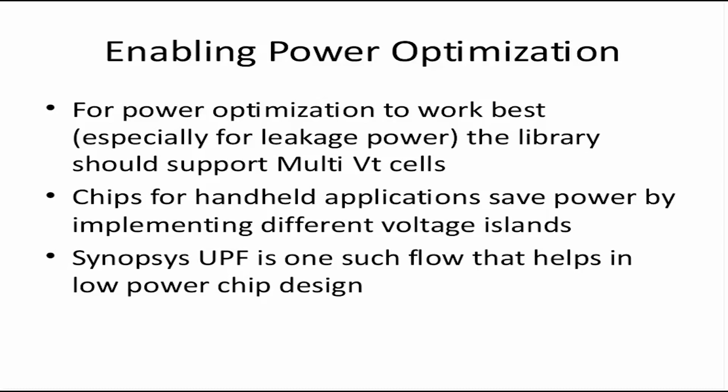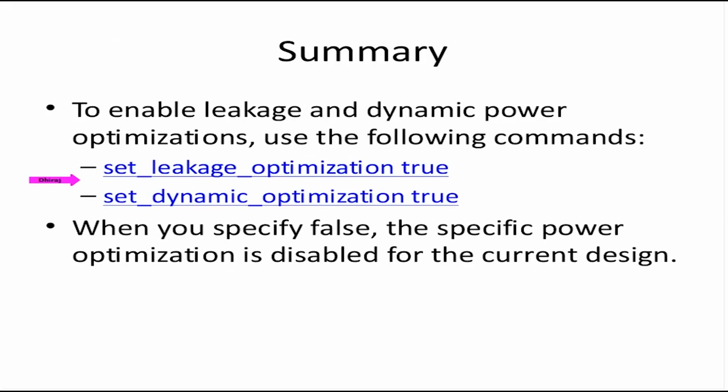The first assignment is look at the library, understand how the power numbers are represented. Second, try and insert clock gating. You don't have to do anything special in your RTL. Just use the set clock gating style and compile with the gate clock option. Third, use these two switches to enable the leakage and dynamic power optimization by setting the default switching activity. See the power report.